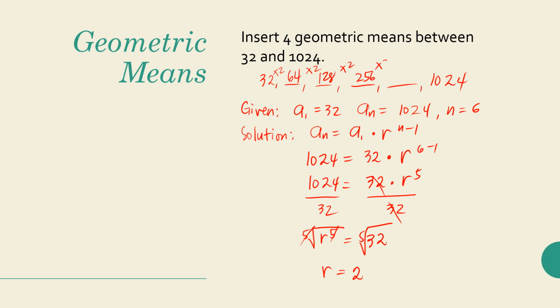And 256 times 2 is 512. Then if you multiply this by 2, this is 1024. So therefore, these are your 4 geometric means between these two extremes, 32 and 1024. I hope that you understand this problem.